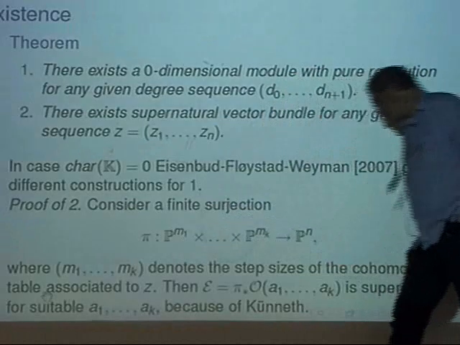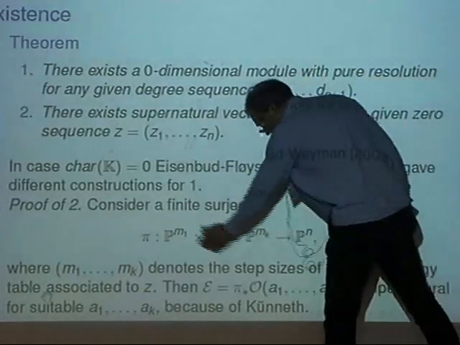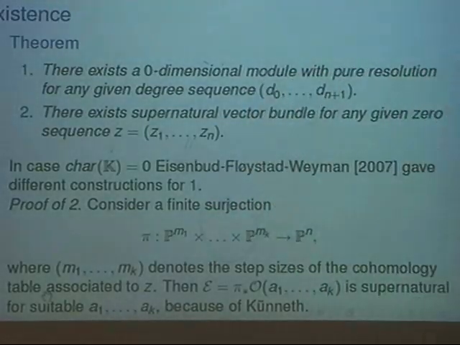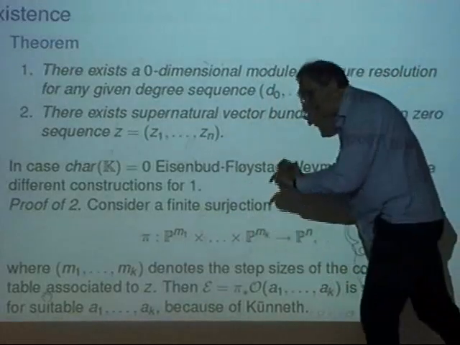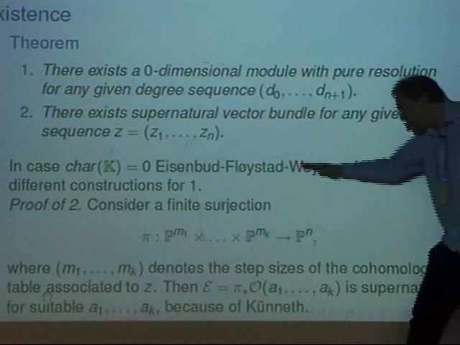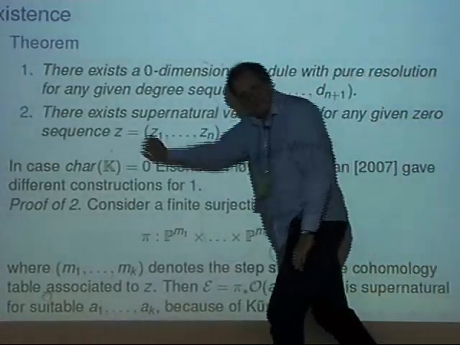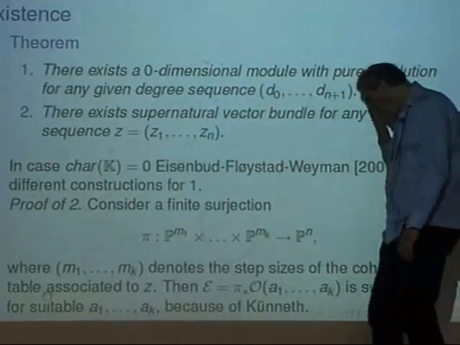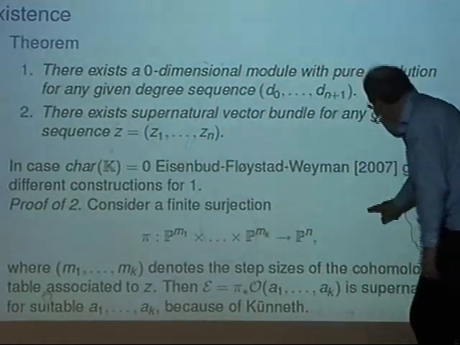I consider a finite projection of P^m1 times up to P^mk to P^n, where m1 up to mk are the step sizes of the cohomology table. Remember, it was slowly going up, so we have sizes of steps. If it's always 1, then we have a product of P1s, but it could go up further.